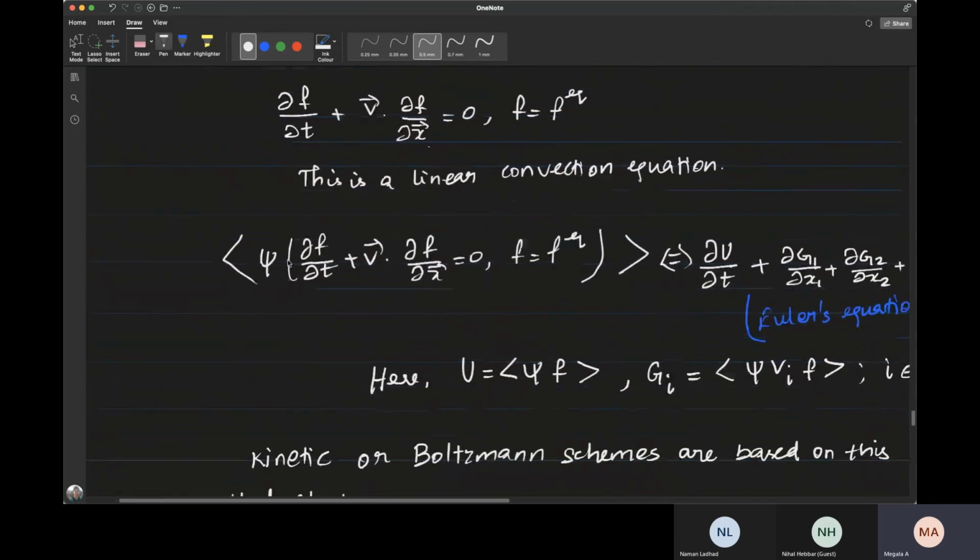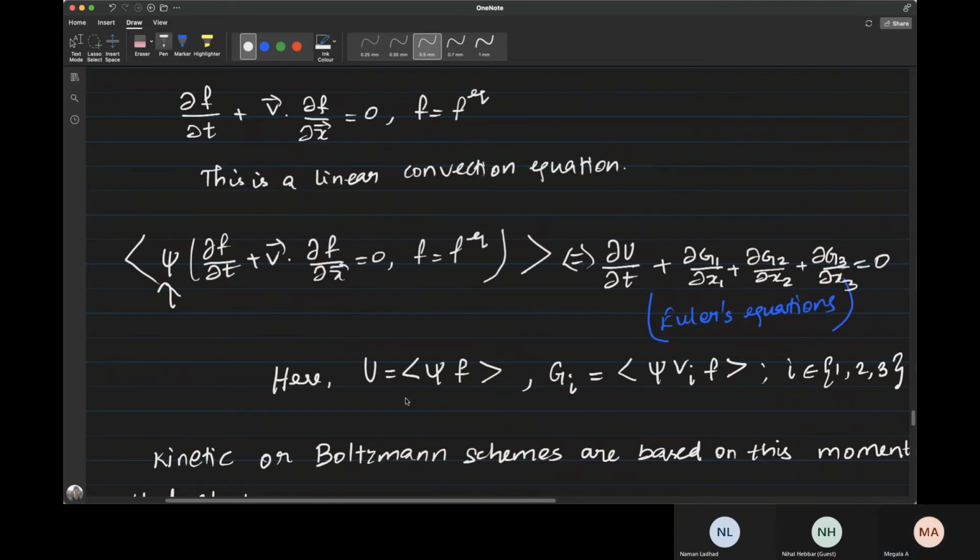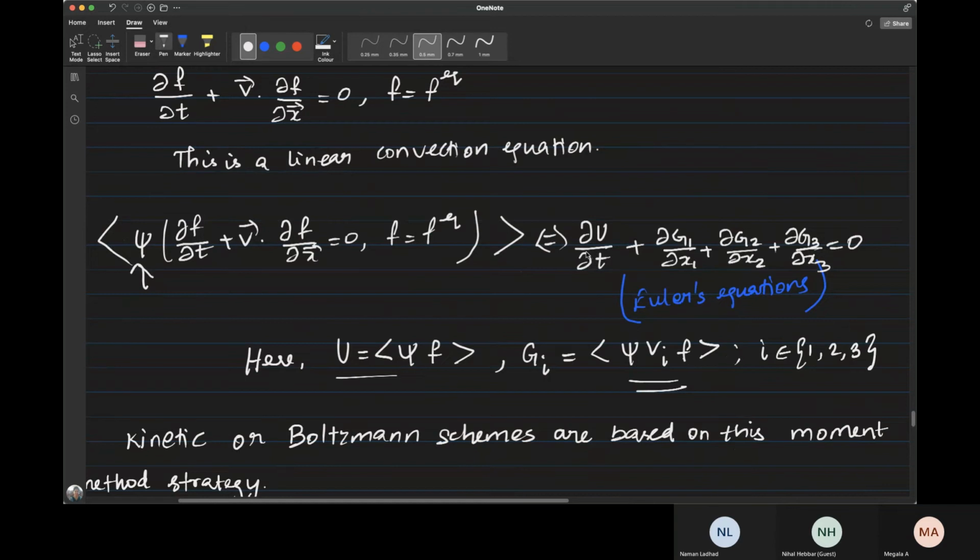Now let us take moments of this equation, our simplified Boltzmann equation. For this we take moments using our moment function vector psi. This gives us our macroscopic conserved variables. We know the integral of psi f gives our conserved variable U, and the integral of psi v f gives the flux G. So by taking moments of this linear convection equation, we get Euler's equations.